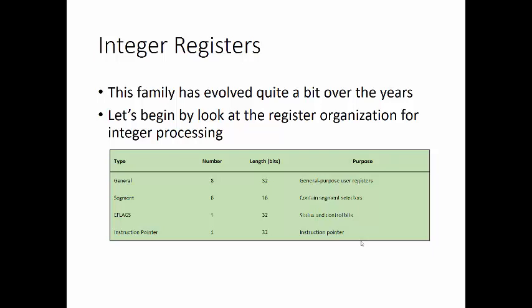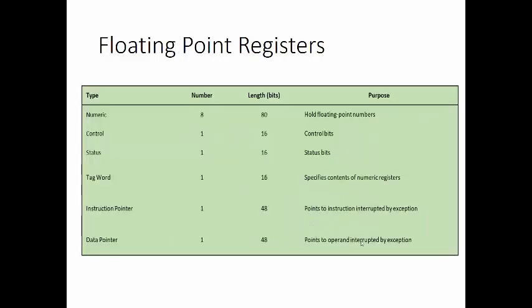Let's take a look at the floating point registers. There are a number of registers that are specifically devoted to floating point units. Numeric, each register holds an extended 80-bit floating point number. There are 8 registers that function as a stack with push and pop operations available in the instruction set.